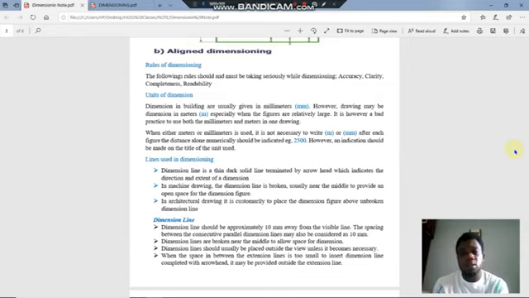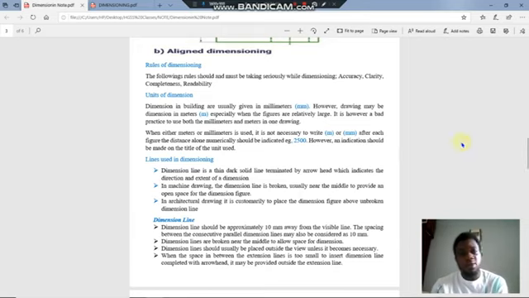Dimensions should be accurate, clear, complete, and readable. Very important. Dimensions must not be ambiguous, that is, over-dimensioning should be avoided by all means.